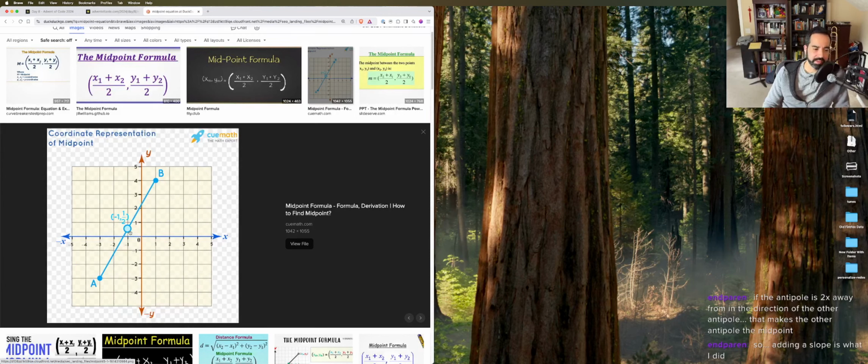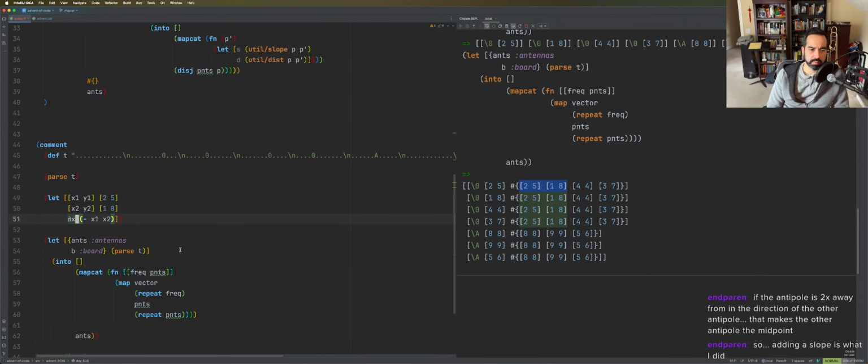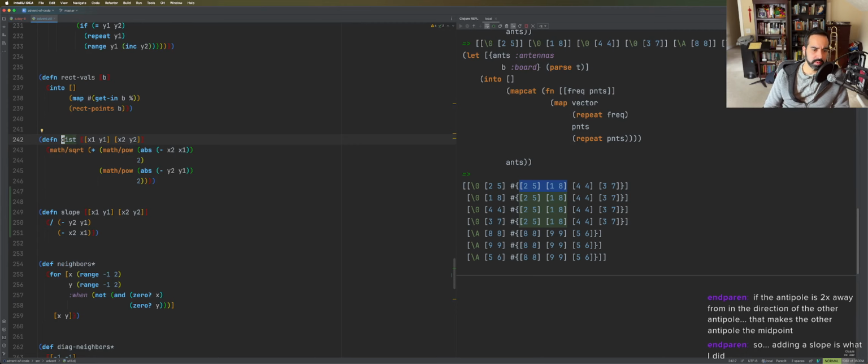Wait, so adding a slope is what I did. Right. Hang on. Take the slope. Slope is rise over run, right? So if I add the slope to the y, that'll tell you the rise. But then you need... wait. Oh my god.